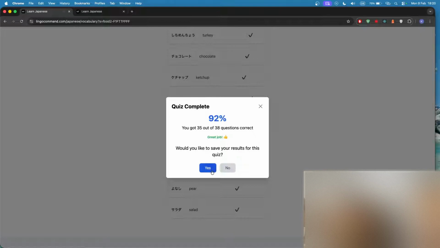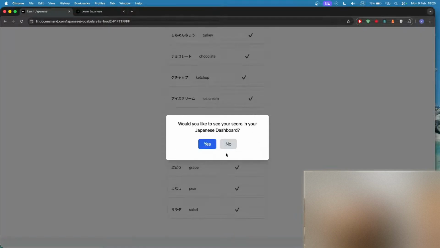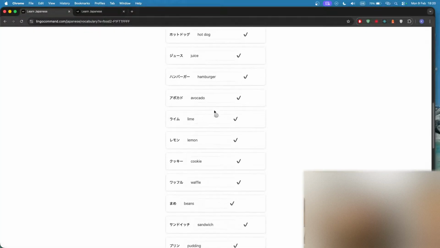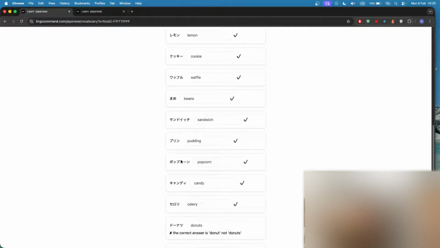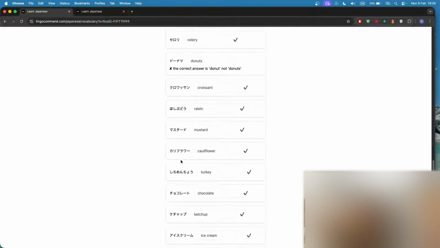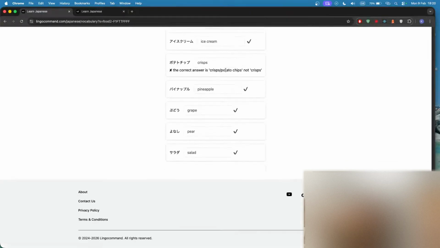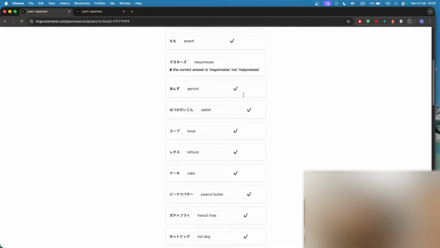So that's pretty decent. We got a 92% average here. No need to check the performance dashboard. Let's see. So one mistake was misspelling mayonnaise in English. We don't need to worry about that too much. This was like a coding issue. So was this.